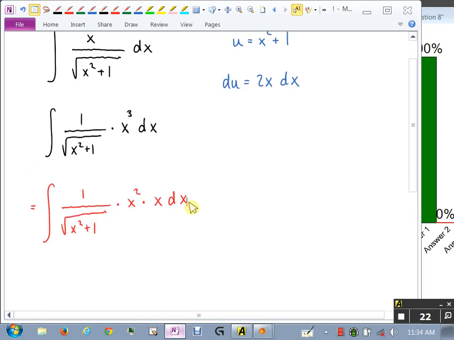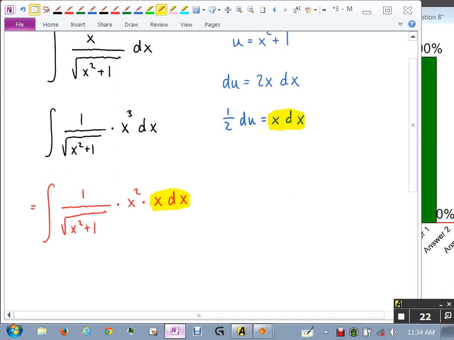Yes? Okay, if I do it that way, then can I get this x dx out of this thing up here? Yes? By dividing both sides up here by 2, right? So I'm going to take 1/2 du. That'll give me my x dx.